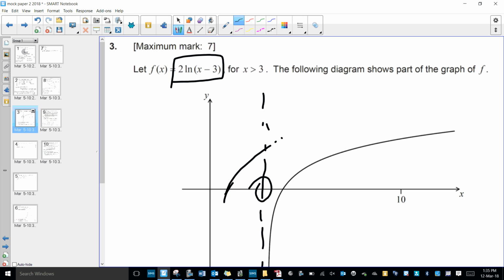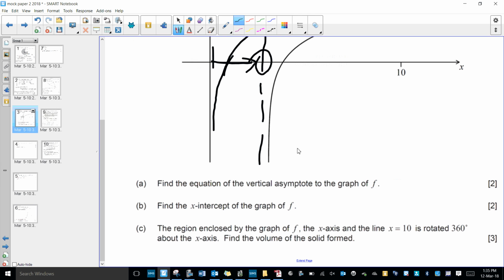But if we've moved 3 units to the right because of this minus 3 here, we know that now the y-axis isn't our asymptote, but x equals 3 is our asymptote. So for this, it's an equation, so it must have the x equals. Some of you had 3, but you didn't write x equals.